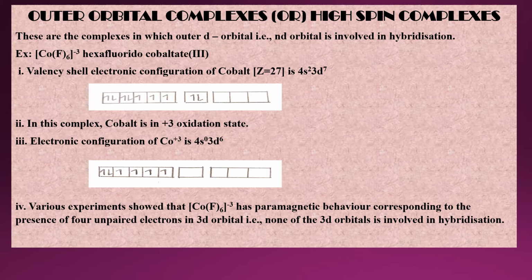Understood, students? [CoF6]3- is paramagnetic, which corresponds to the presence of 4 unpaired electrons in 3d orbitals. What is the meaning of that? None of the 3d orbitals is involved in hybridization. Then what is happening?